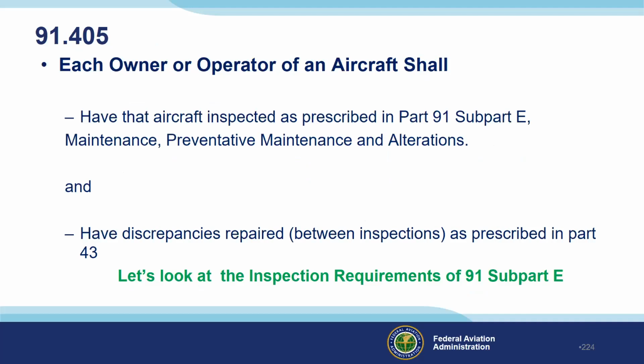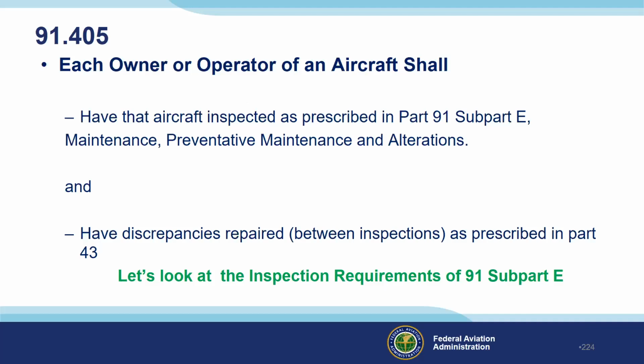Well, let's look at the inspection requirements. Inspection programs. Owners and operators are required by 91.405 to have the aircraft inspected under Part 91 Subpart E and have defects repaired between inspections.